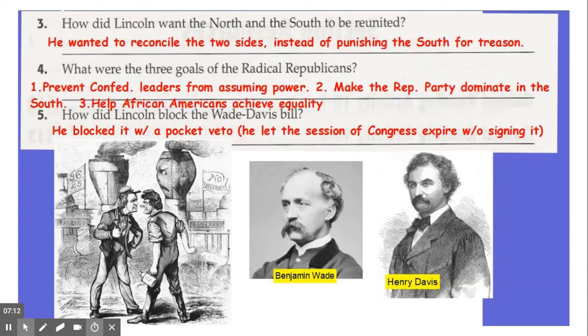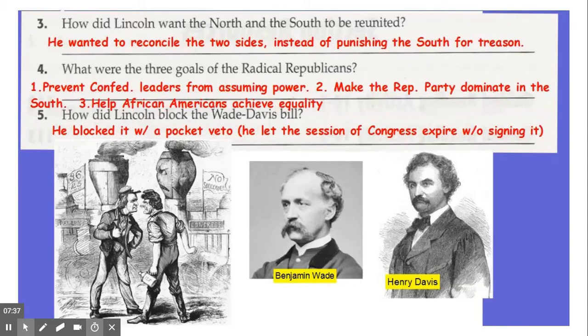What a pocket veto basically does is, you only have a certain number of days to sign a bill into law, usually 10 days or so. He had this legislation on his desk, passed by Congress, and he never signed it. He just let the number of days expire, and as a result, the bill dies right there on the desk.